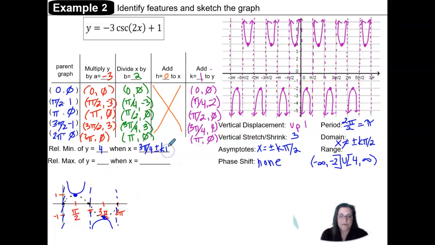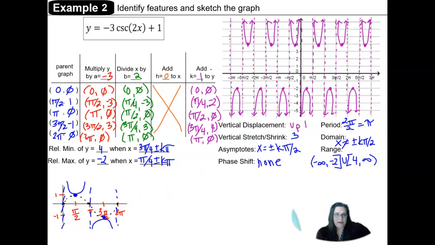So k times pi, the period. And then our relative max is a negative 2. And our first non-negative maximum is at pi over 4. And then the interval k times pi, where k is an element of the integers.